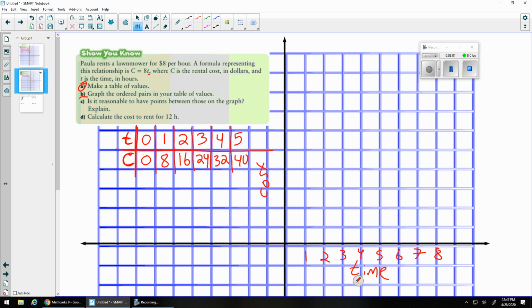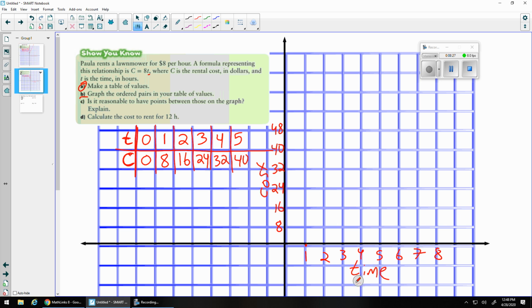Now for the cost, you don't necessarily have to go up by ones, because our first point, when t is equal to 1, is going to be at 8. So you could actually just go up by 8s. So 8, 16, 24, 32, 40, 48, and so on.